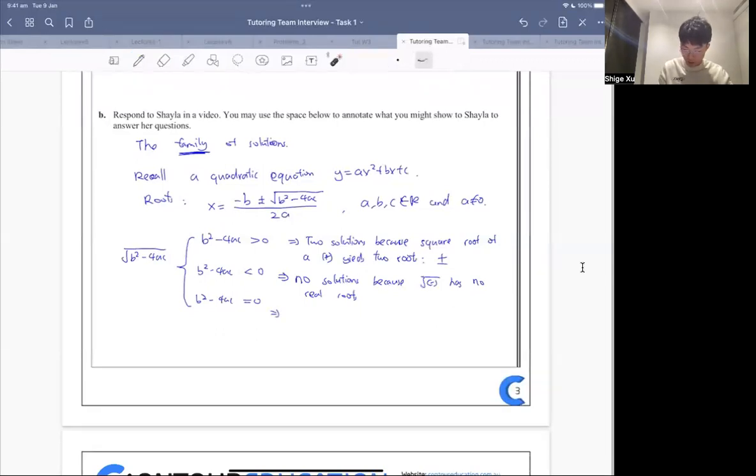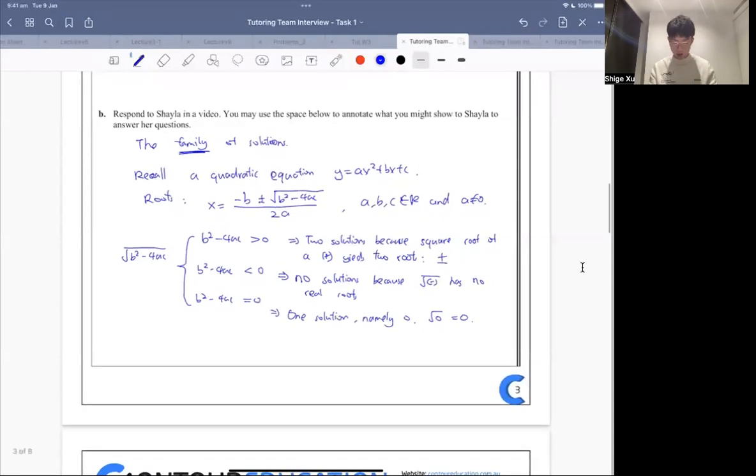Finally, if b squared minus 4ac equals 0, we essentially have one solution, namely 0, because the square root of 0 equals 0.